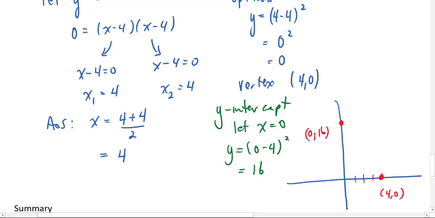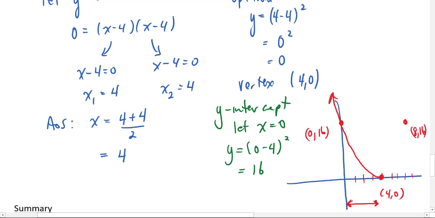So we have half of the parabola here, and we know there's got to be another half that's symmetrical. So if 0, the y-intercept, over to here, this is the vertex, they're 4 units away. So that means there has to be another point over here at 8, which is also at 16.